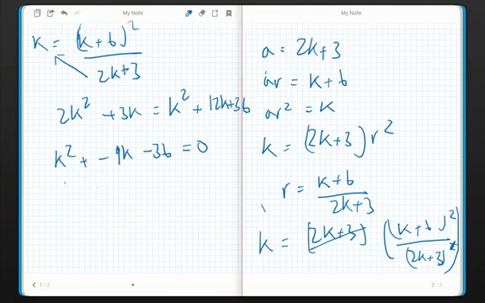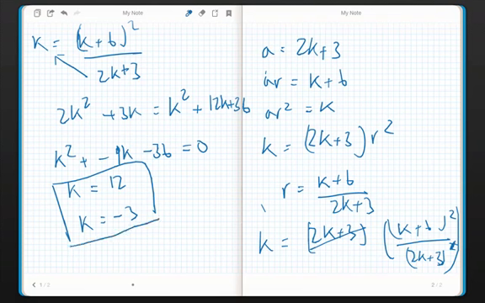Now solving this as a quadratic, we can use the quadratic formula here, or you can use factorization. I'm just doing it in my calc, k can equal 12 or minus 3.